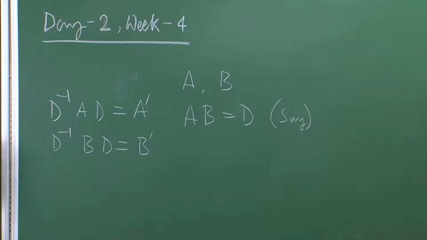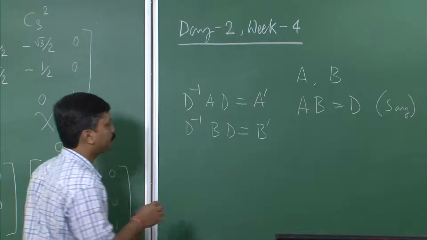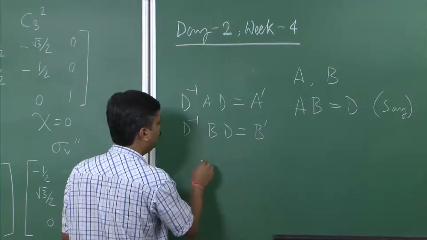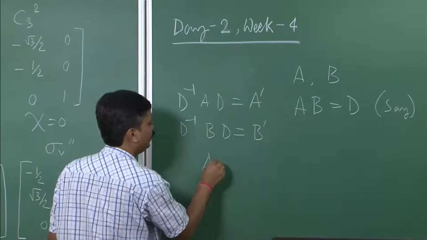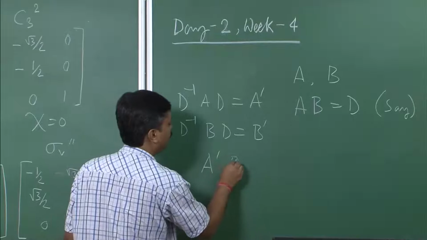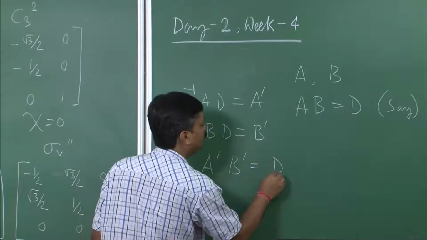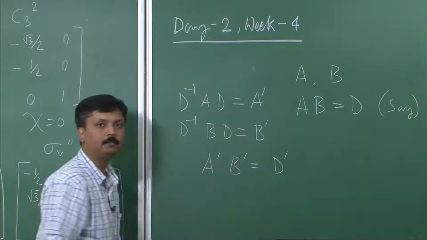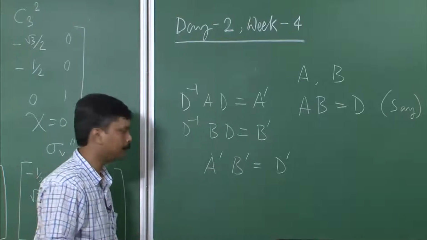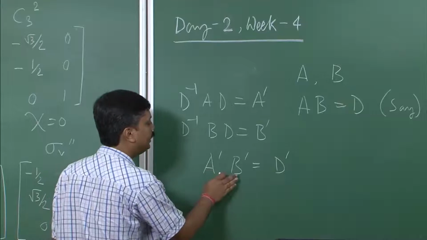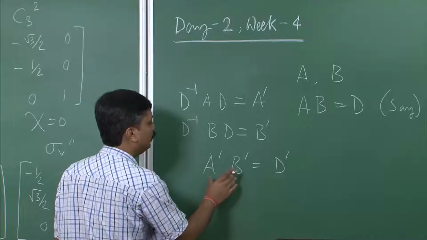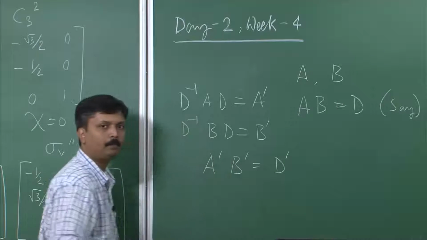Okay. So, now if we combine A prime and B prime in the same fashion, okay, A prime and B prime, I should get something like D prime. So, now if I do a similarity transformation on this product, okay.